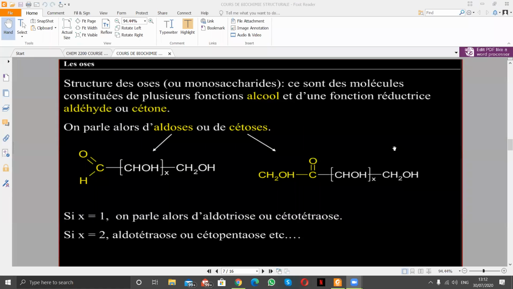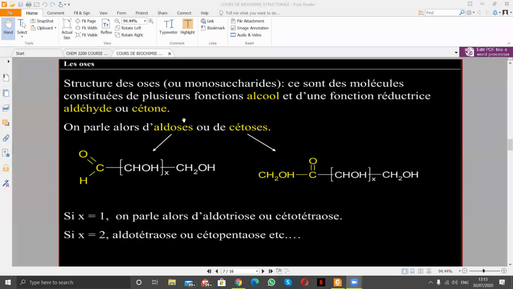Then I'll talk about two things here: aldose and ketose. We're now on the same page. If I say aldose, ketose, we're now on the same page. When I talk about an aldose, we normally look at where the bond is formed.